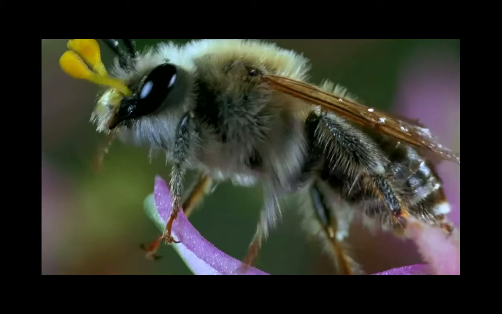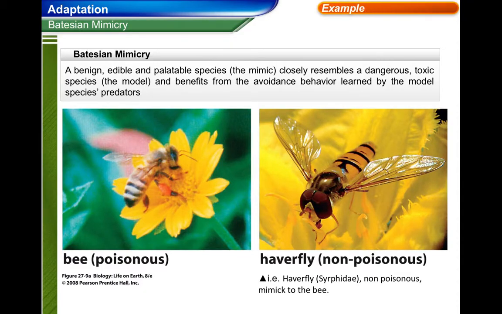It's a good example. So if you want to be more specific, there are two types of mimicry, the Batesian mimicry and the Mullerian mimicry. In Batesian mimicry, a harmless, edible, and palatable species, the mimic, closely resembles a dangerous toxic species, the model, and benefits from the avoidance behavior learned by predators.